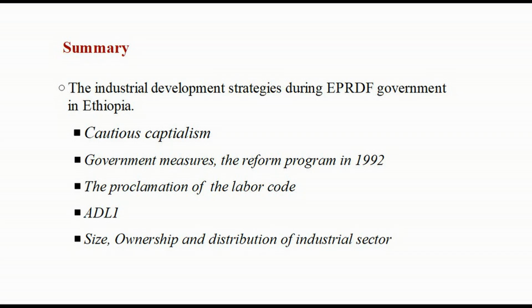That was lifted by the transitional government. The easing of license requirements and regulation, and investment incentives were offered by the government, like the tax holiday, duty-free import of investment goods, and a downward revision of tax and tariffs. Those were the best encouraging measures for the private sector.